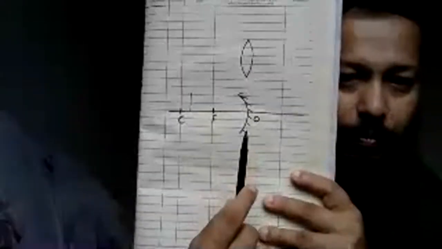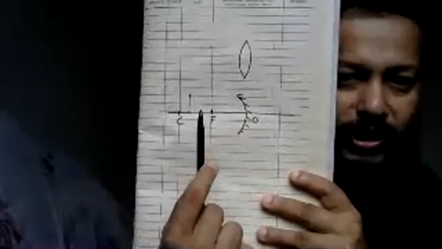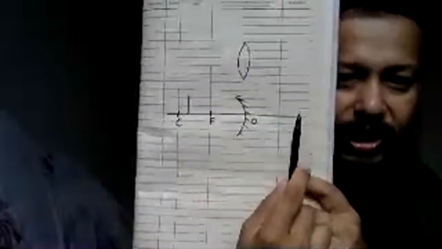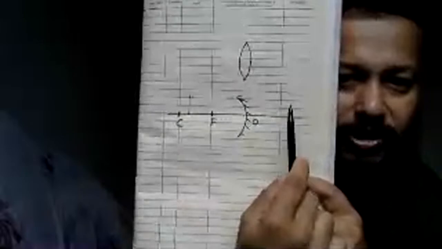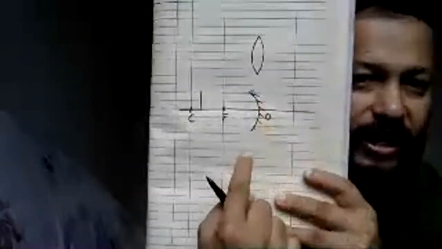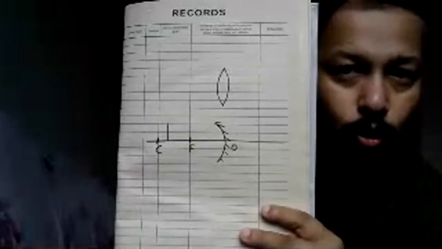In a plane mirror, if you keep the object here, you will get the image at the same distance. But since this is a concave mirror, not a plane mirror, where you will get the image depends. You know from the third video, where I showed you where you will keep the object and where you will get the image. Everything we discussed. So here, this is my object. Where you will get the image depends.